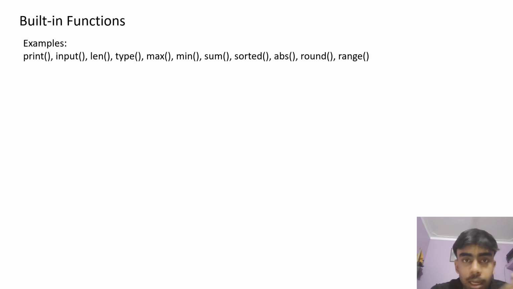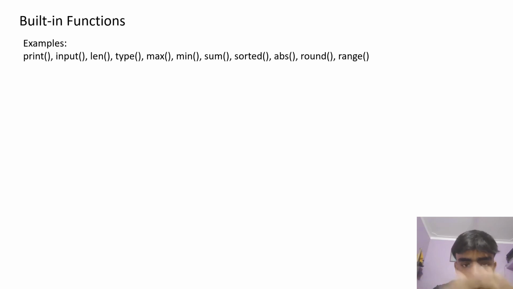If you want to take any input, here is input, which is also a built-in function. If you want to find the length of any string, here is the built-in function len. If you want to find out what type a value is, you can find that with type.